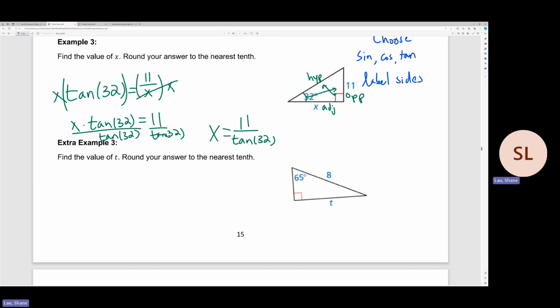Okay. Before you solve this on your own, you must make sure your calculator is in degrees. If you're using Desmos, look for the wrench in the top right and make sure you highlight degrees. It'll black out, and that's when you know it's going to be degrees.